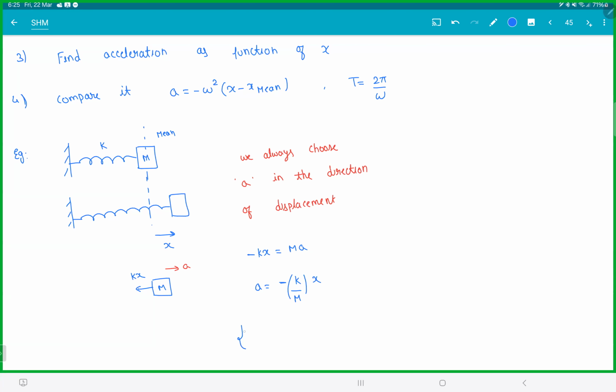Compare this with our equation, a = -omega squared x. Therefore, we get omega squared equal to k by m. So time period will be 2 pi by omega, which is 2 pi root over m by k.